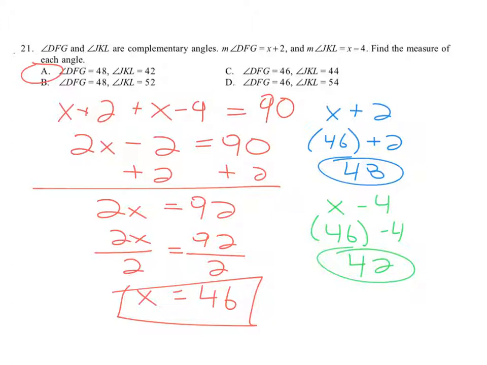Now, before we're done with this, I could just easily stop here and be done, but I want to point this out. This is kind of fun to think about. If x is some number, it's the same number here and here. If we go up 2 from that number, let's say we were here at whatever x is, and then we go 2 units up, and now we're here.